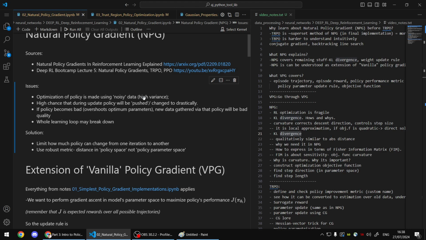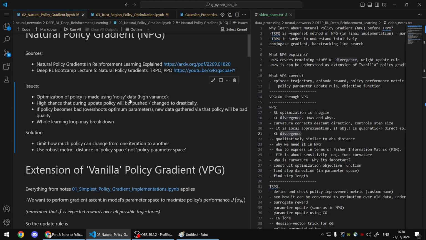As I mentioned, the learning data is very noisy, or you have to gather a lot of trajectories to get at least a good mean, but still it's a stochastic process, all right?